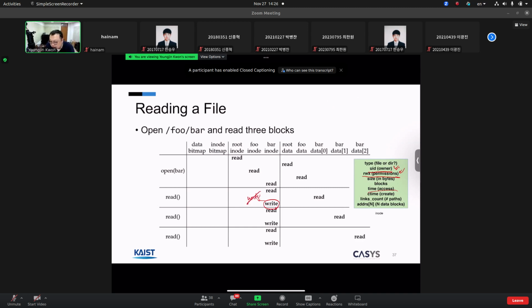Is it your question? Bar directory write updates the bar inode. Why isn't there a write for the foo inode to modify access time? In which case does a write of the foo inode happen here?